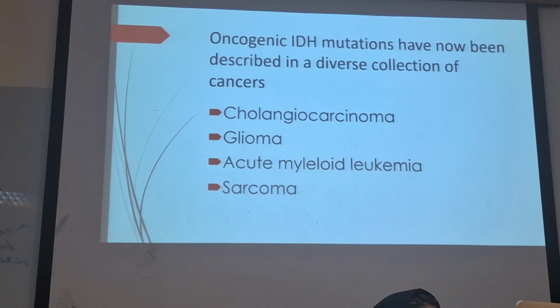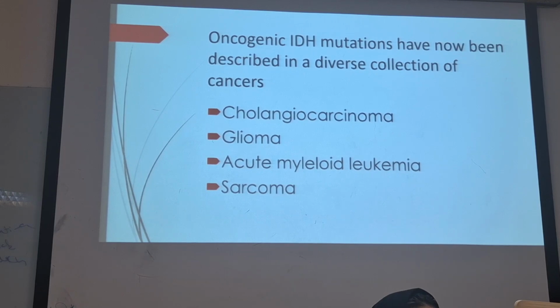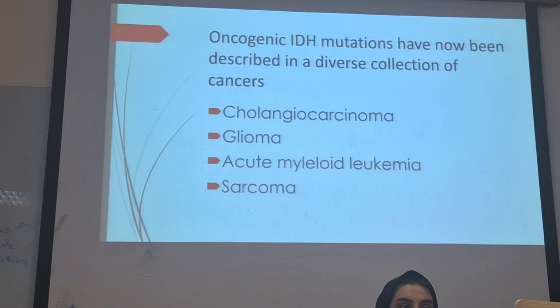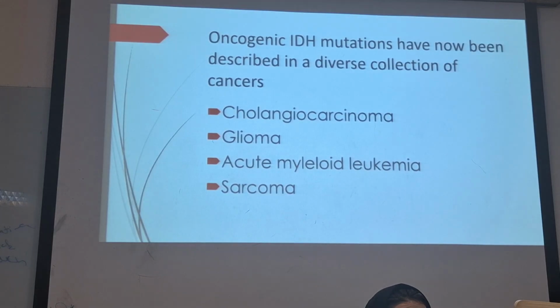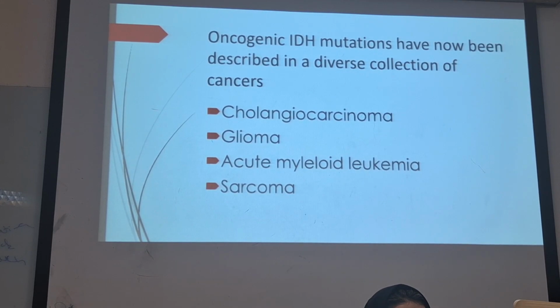Glial cells, yes, exactly. Acute myeloid leukemia is from blood cells, a type of myeloid origin of blood, and any kind of sarcoma. Sarcoma means malignant mesenchymal tumor.